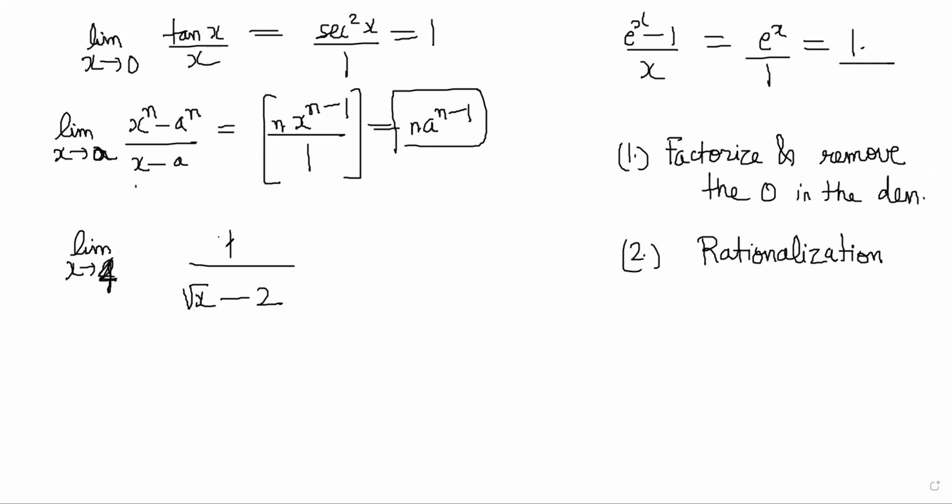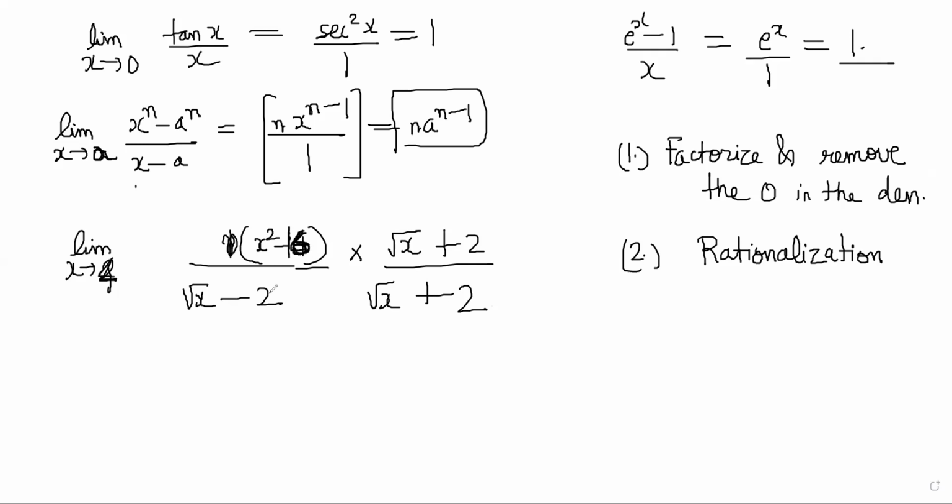On top should be something, I'm just making up the question, so obviously this is not correct, but you should have something like x square minus 16 on top, let's say. So if you rationalize it, I mean multiply it by this.